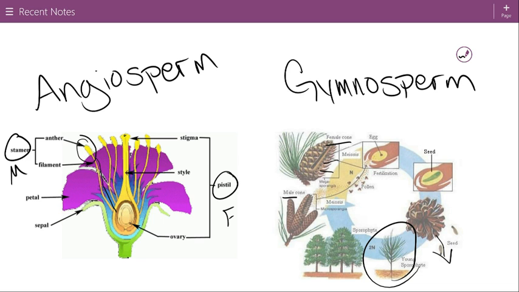If it is a cross-pollinating plant, the anther needs to somehow transfer this pollen. This is often accomplished with the use of insects: honeybees, moths, butterflies, things like that.